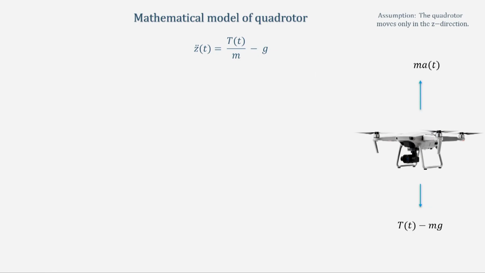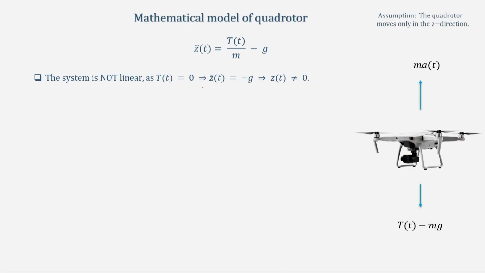Now, notice one thing, that if I give T equal to 0, that is if I give 0 input to the system, what is the output of the system? The double derivative of the output of the system is z double dot t equal to minus g, which means if I go ahead and find out z(t), I have to do a double integration and I will get some kind of a polynomial in t, quadratic form, which means z(t) is not 0.